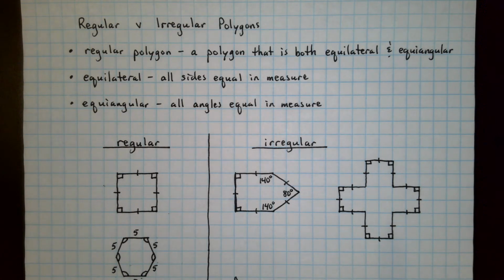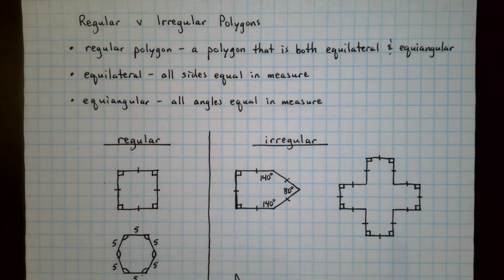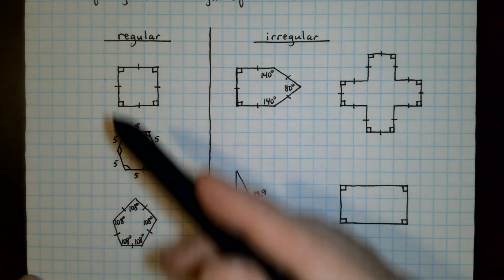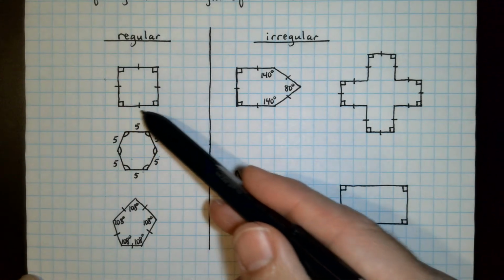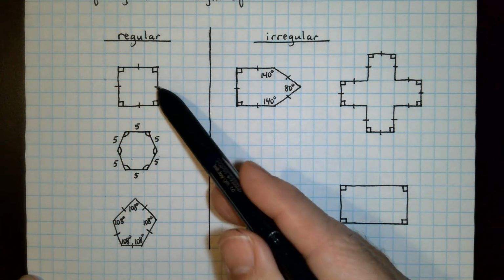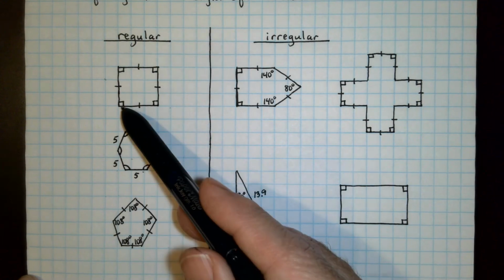Now this is given to us either in markings or in values. We see on the left-hand side of the grouping here, we have things that are all either marked as the same. We've got these hatch marks here. We've got the angles marked the same here.